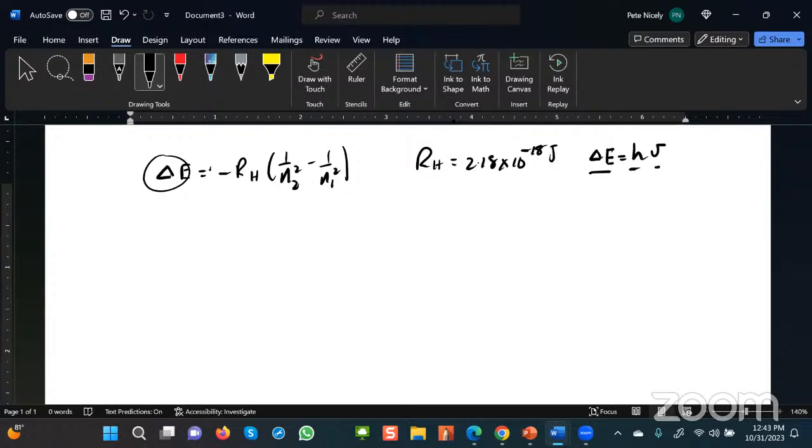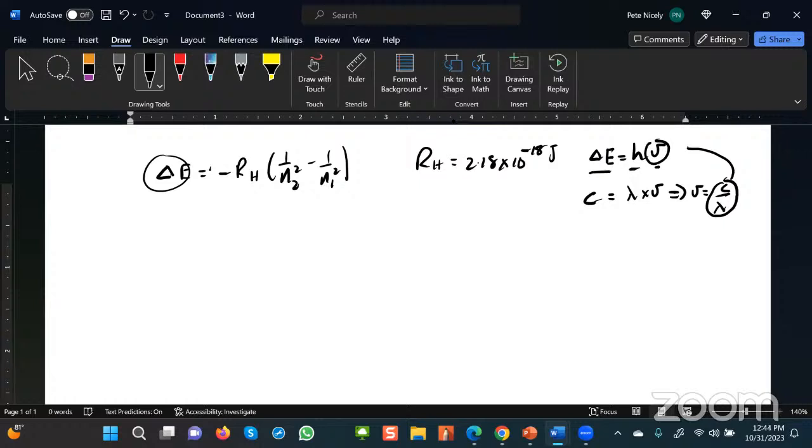Now, we also know that c, the speed of light, is equal to lambda times nu. So we can rearrange this to get nu is equal to c divided by lambda. And therefore, this c divided by lambda can replace the nu in this equation.